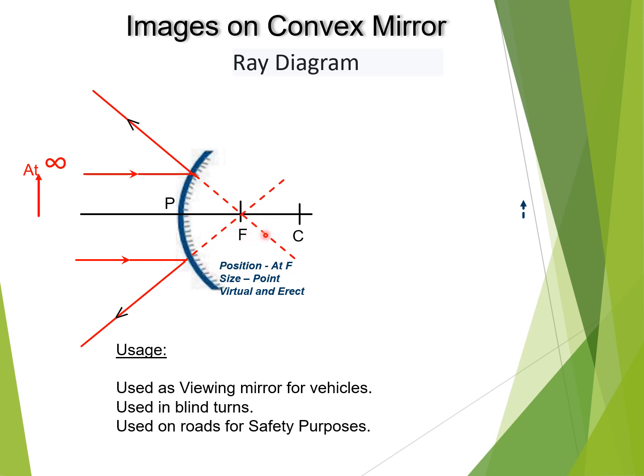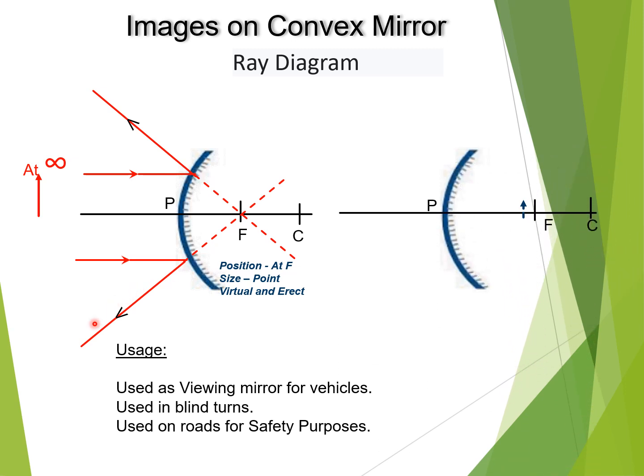So that means the image shall be forming at F, the size shall be point only, and it shall be virtual here and direct. In case of concave mirror, it was again position was at focus only, the size was also focus point, but it was real and inverted. Here in this case the nature is changed, it is virtual and erect.